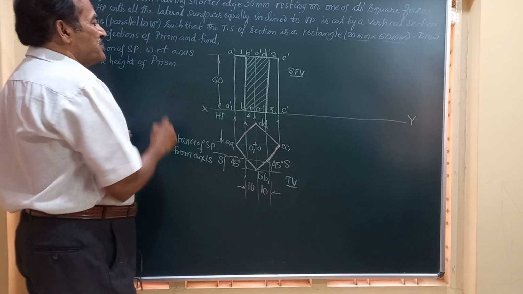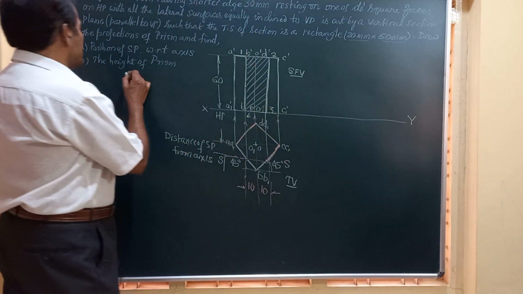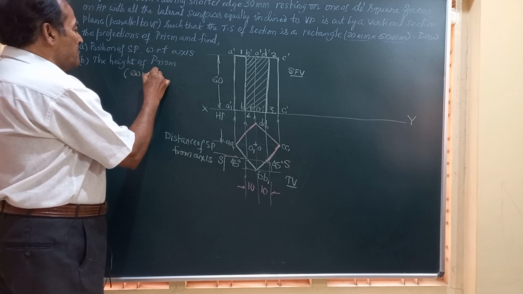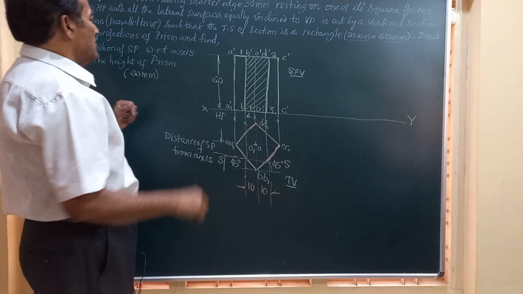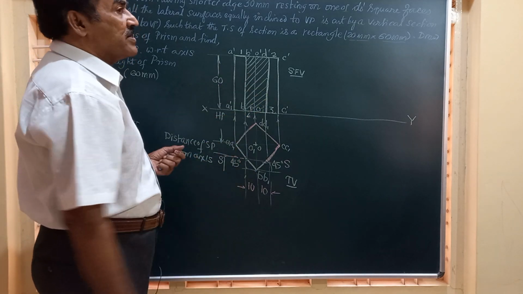The height of the prism is 60 millimeter. Write down the answer here. It is 60 mm. Because only if you have this height of 60 millimeter, you'll be able to construct this rectangle. And friends, true shape.